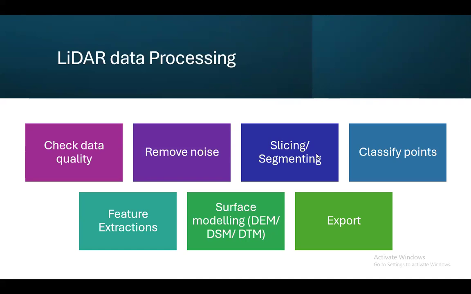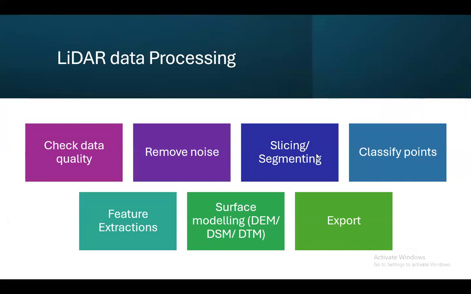That's why if you want to produce some raster data from point cloud data, you must first create segments, or slice the data into segments. So that is slicing and segmenting. Then finally you classify the points. You already have classified codes, you just have to extract them. Then feature extraction, and you produce raster surfaces, that is surface modeling: digital elevation model, digital surface model, and digital terrain model. I hope you know the difference.